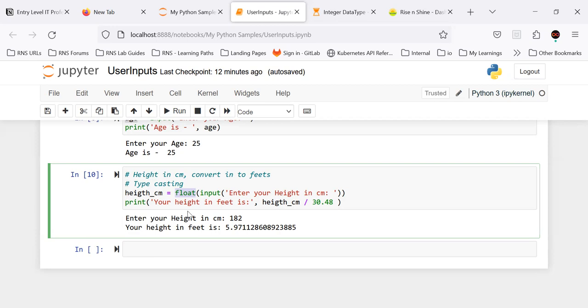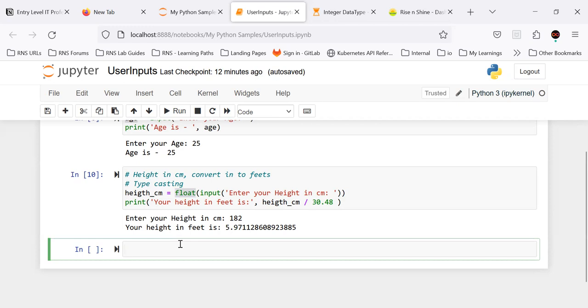Typecasting. Okay, let me do one more small activity on the integer data type. Suppose the year in which you were born, the user has to enter it. So we are going to take it from the input.